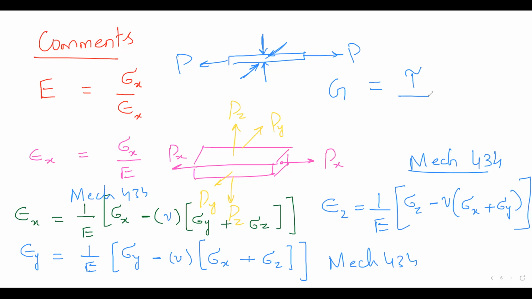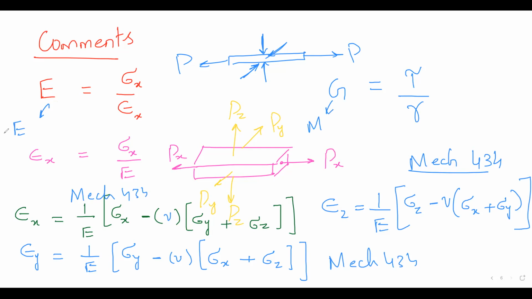Okay, one more formula. So this is G. This is shear stress. You will fill in the blank for me. Elastic modulus is equal to normal stress over normal strain. Modulus of rigidity is equal to shear stress over shear strain. This is known as Young's modulus, modulus of elasticity. It has dozens of names.